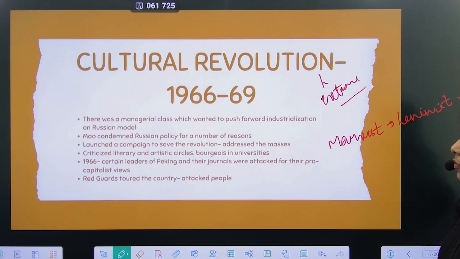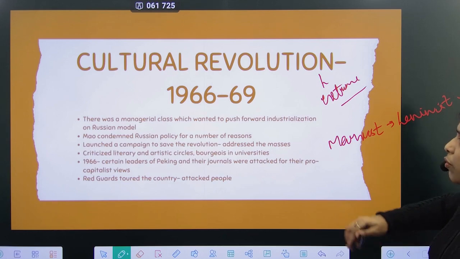So, what Mao did, he was seeing so much criticism from people that he launched a campaign to save his own culture, to save his own country's ideology. Okay? He addressed the masses regarding the same. At the same time, he criticized literary and artistic circles, saying that they are the ones who are spreading wrong knowledge among people.